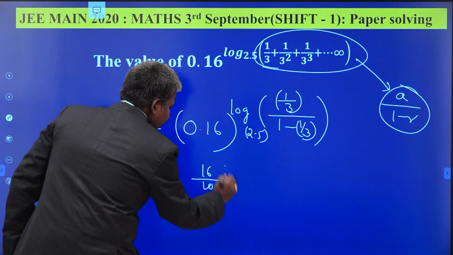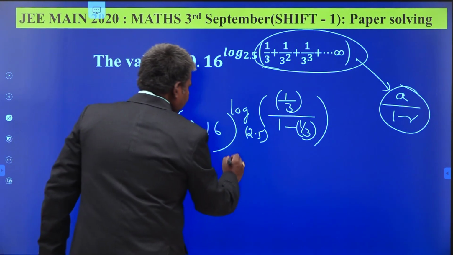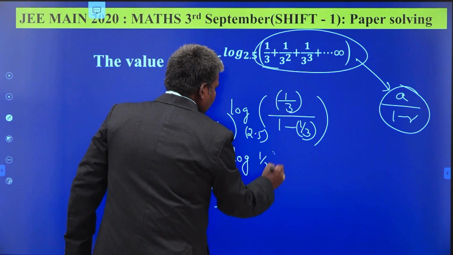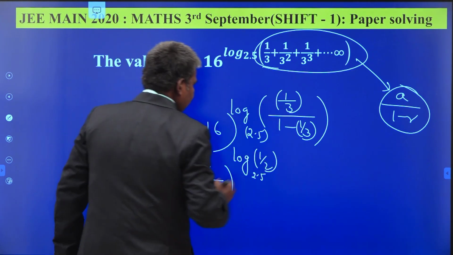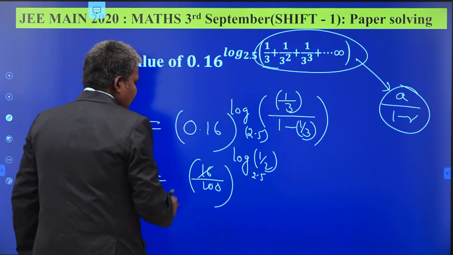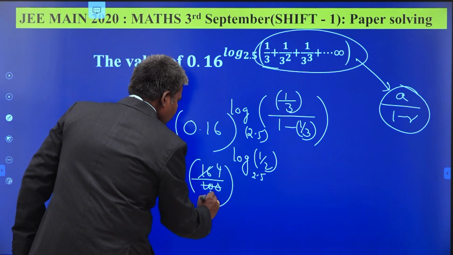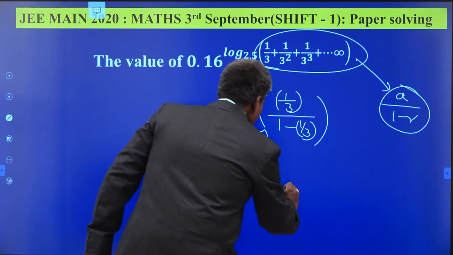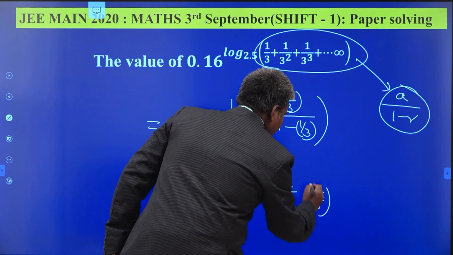Am I correct or not? Whole to the power of log of 1 by 2 to the base 2.5. Now 16 by 100 is nothing but 4 by 25, which is 2 by 5 whole square.